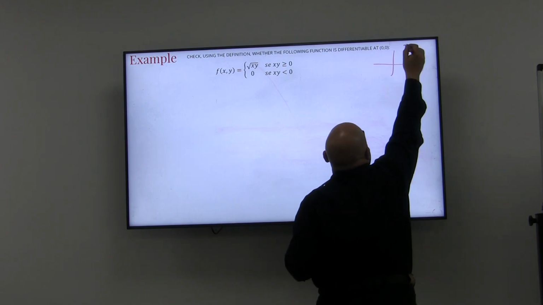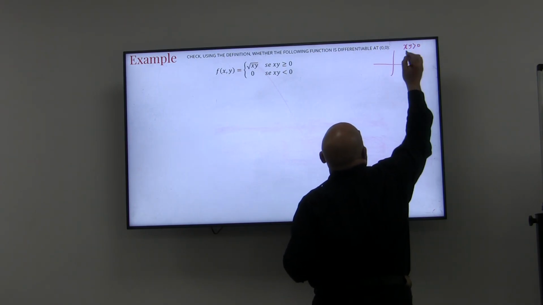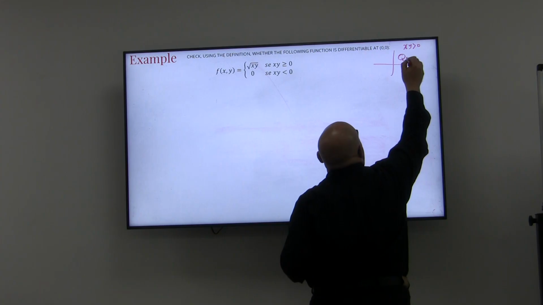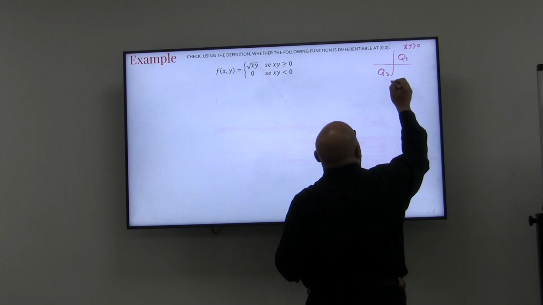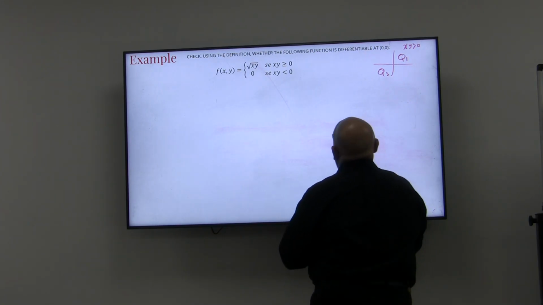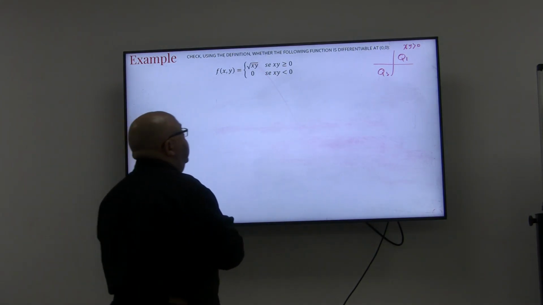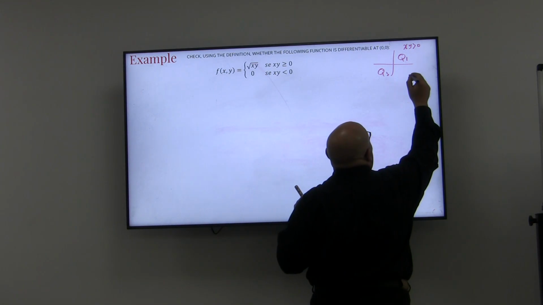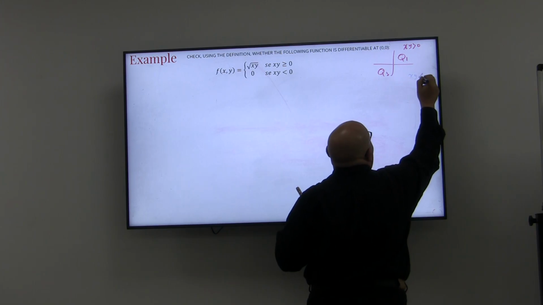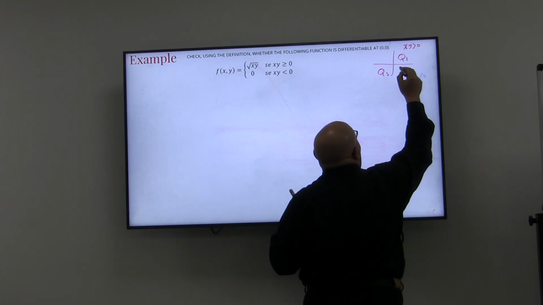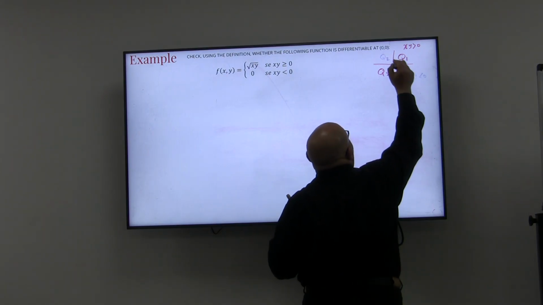If I told you xy is greater than 0, I'm talking about Q1 and Q3. But if I told you xy is less than 0, then this is the case of x, y less than 0. In this case, I'm talking about the fourth quadrant and the second quadrant.